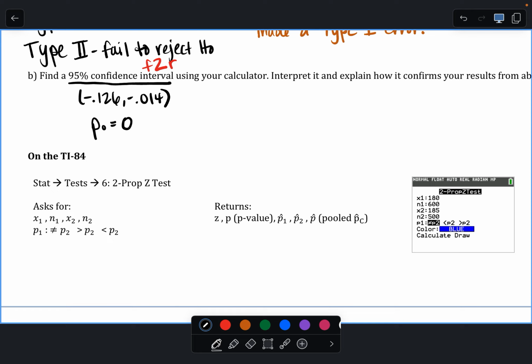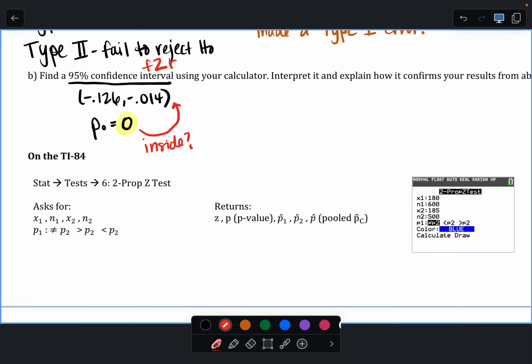So if you're trying to use a confidence interval to decide if you're going to reject or fail to reject, or if you have convincing evidence or not, all you're doing is asking yourself, even if this is a 1 sample, is this number inside this interval? So does it actually fit within the interval?